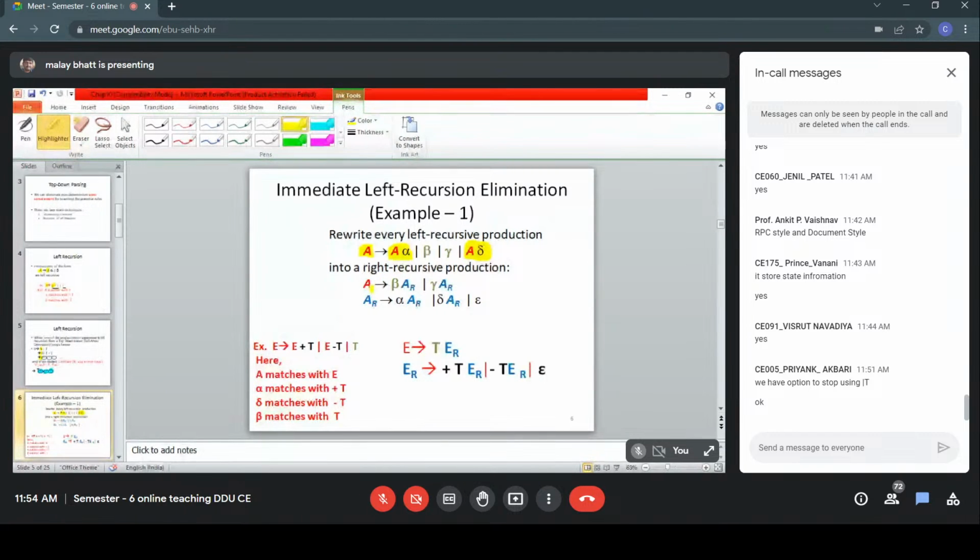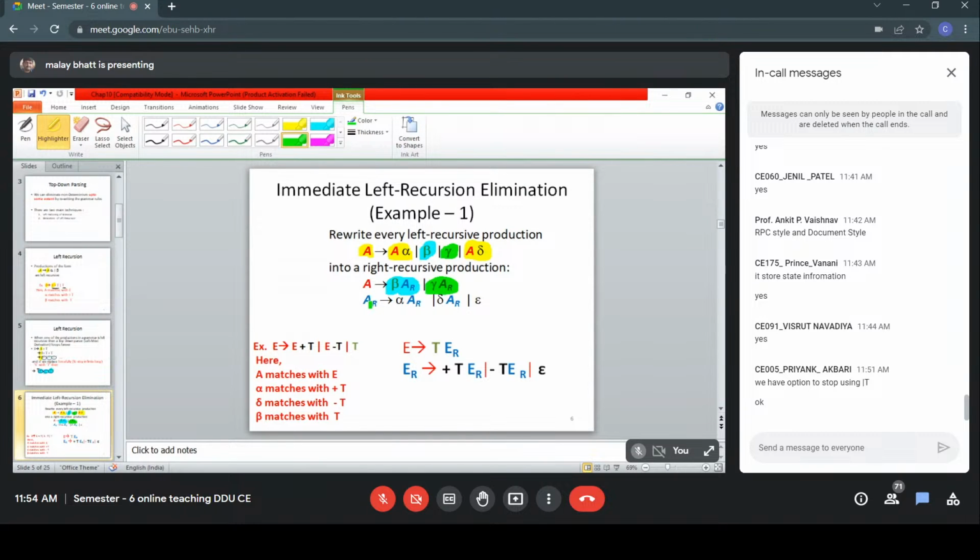So what is the rule? We'll write A gives beta AR, where beta is the production in which there is no left recursion. Another is gamma, so it is gamma AR. We are introducing a new non-terminal AR.